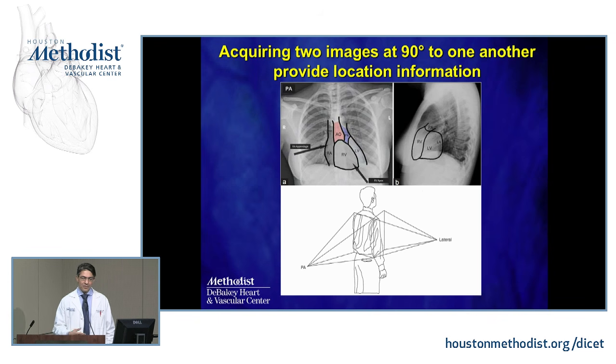It gives you another perspective at 90 degrees, which helps you a lot to localize things. So if you had an abnormality here on the AP, it's in the heart, but on the PA and lateral, it's very helpful to identify what chamber of the heart possibly the abnormality is. So, having multiple projections is helpful.